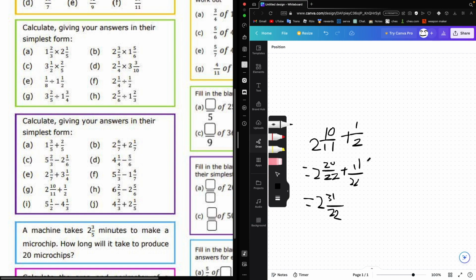Oh, wait. And then after you do this, oh my god, almost forgot to make it into a mixed fraction. So now we have this numerator more than the denominator, so when you make it into a mixed number, 31 divided by 22 is 1, plus 2 makes 3. And then we are left with 9 over 22.